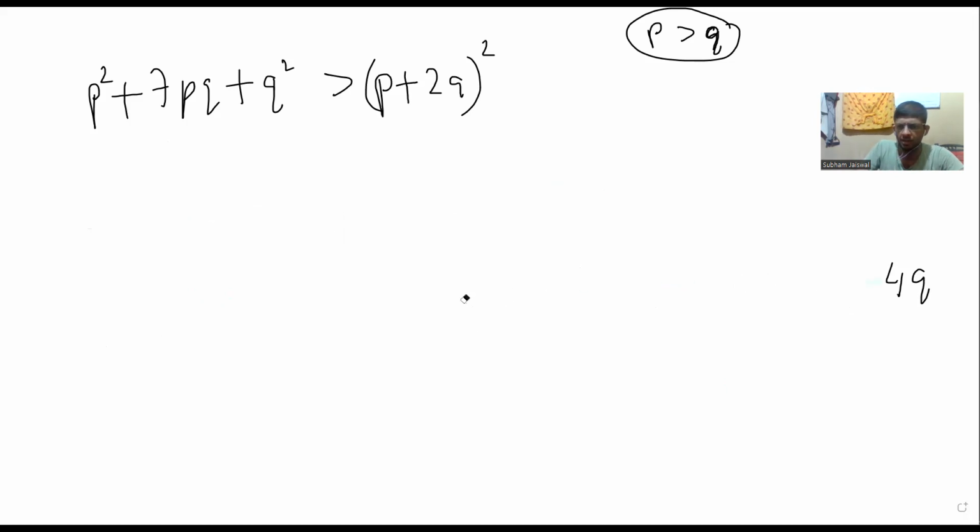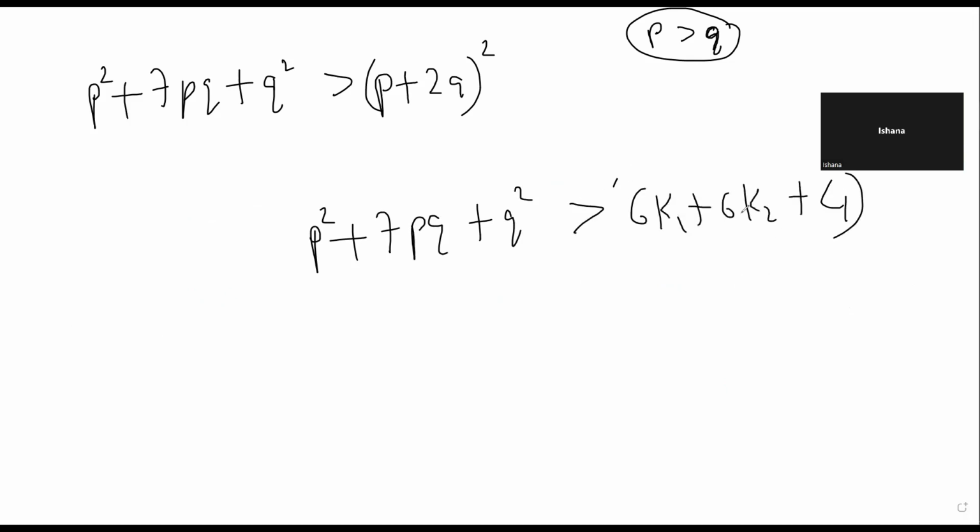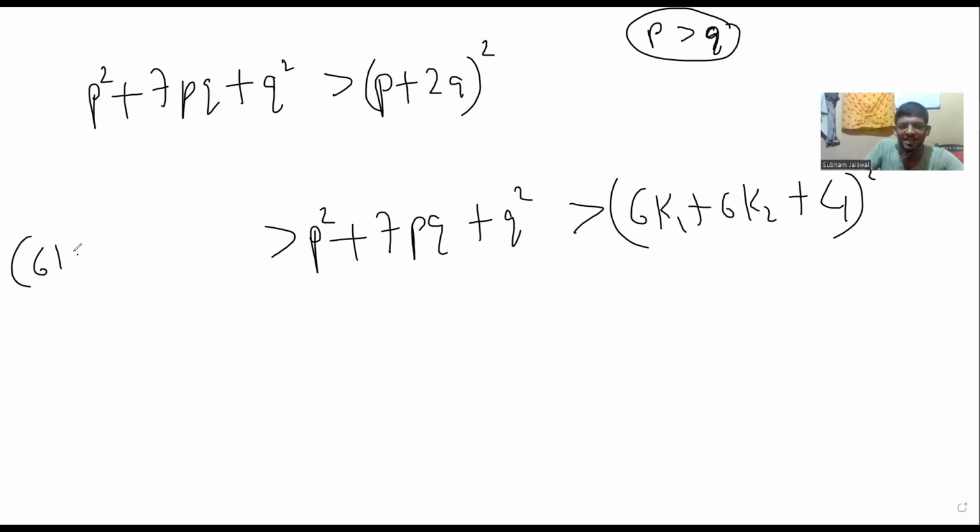Okay. So you're saying it is between 4 and 5 or something? Yeah, 6k1 plus 6k2 plus 4 and plus 5. But what I was thinking, this will not be possible.